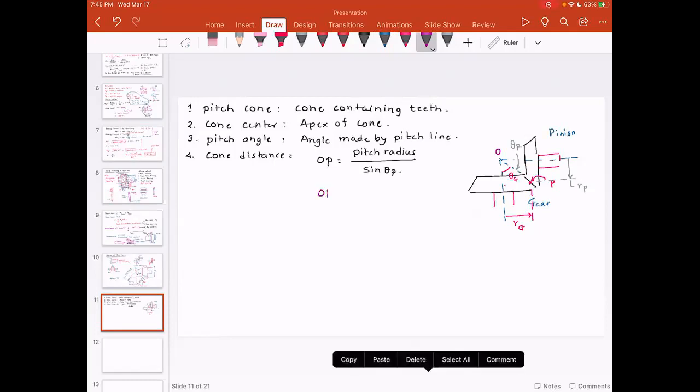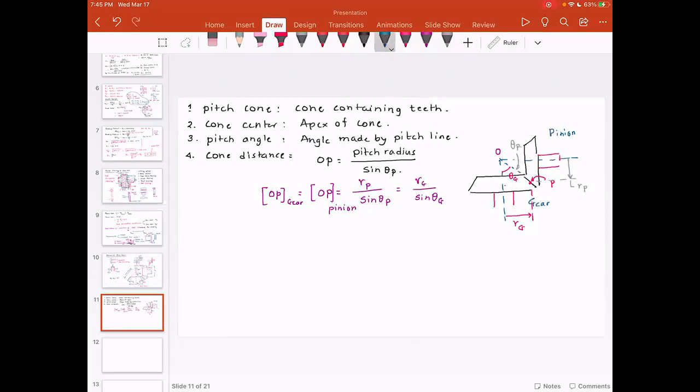So OP on the pinion is equal to R pinion divided by sine of theta P. OP on the gear is equal to R gear divided by sine theta G. And this is an important observation, because from it we can derive that sine of theta G divided by sine of theta P is equal to Rg divided by Rp.